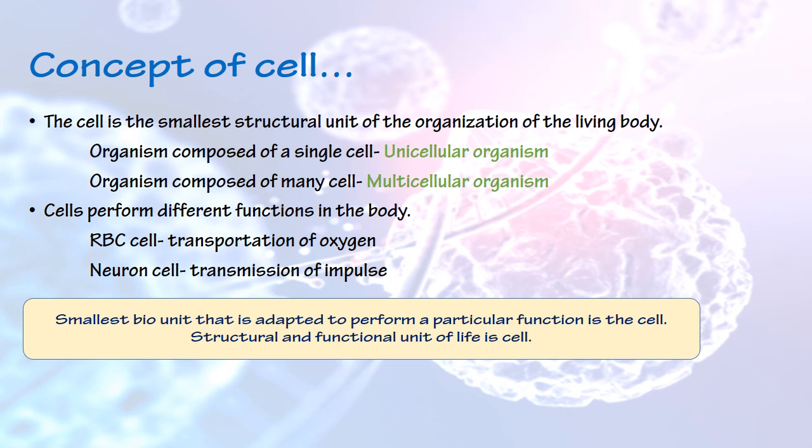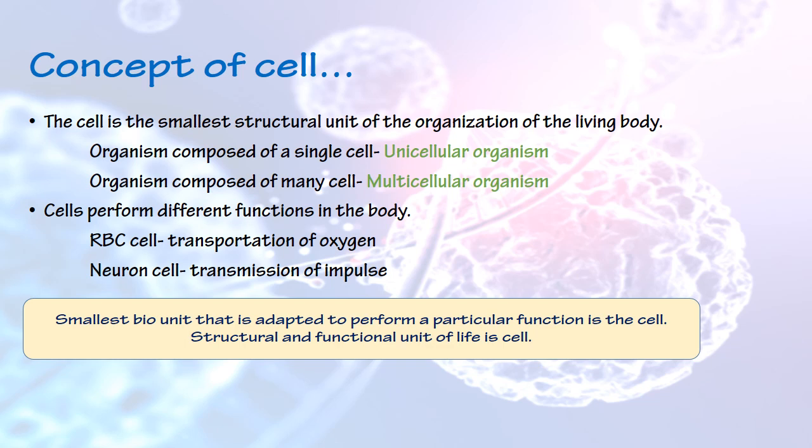Okay, the cell is the smallest structural unit of the organization of the living body. We can categorize organisms into two types. One is an organism composed of a single cell, called a unicellular organism. Organisms composed of many cells are called multicellular organisms.